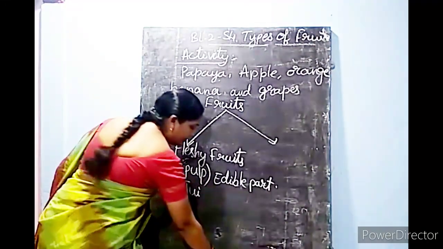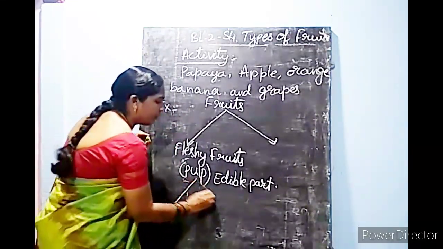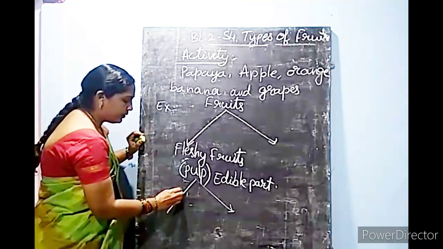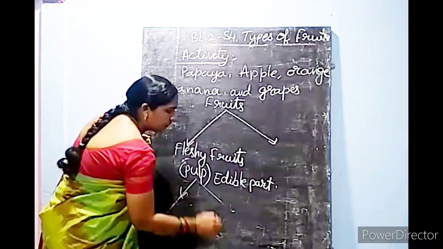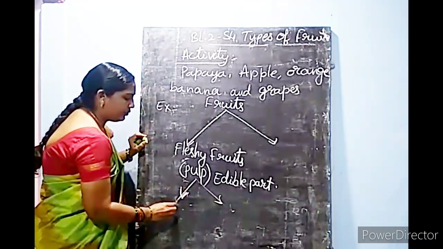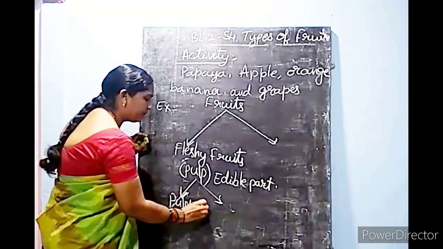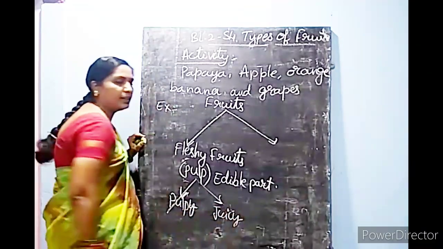Fleshy fruits we can divide into two types. One is pulpy fruits and the other one is juicy fruits.